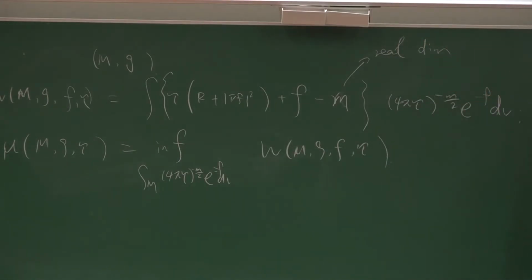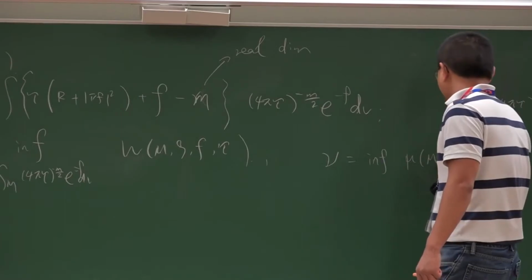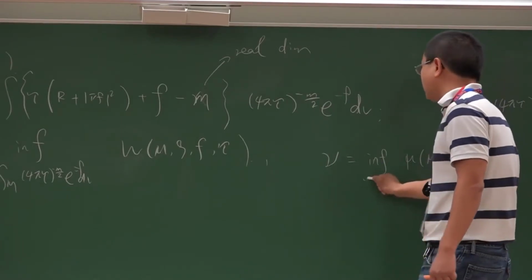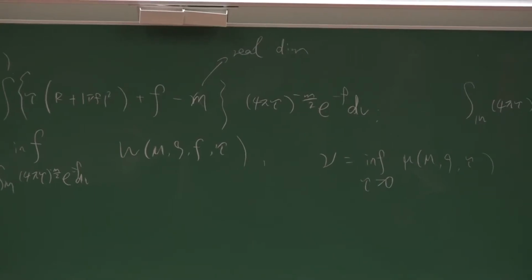So this is the mu functional. And then you define the nu functional, the infimum of all these mu(g, tau) for tau greater than 0. So that's the definition of Perelman's nu functional.